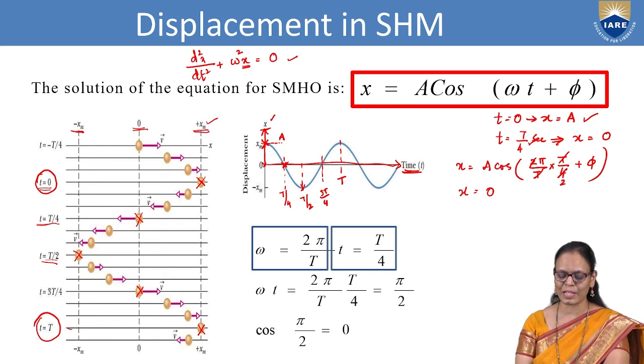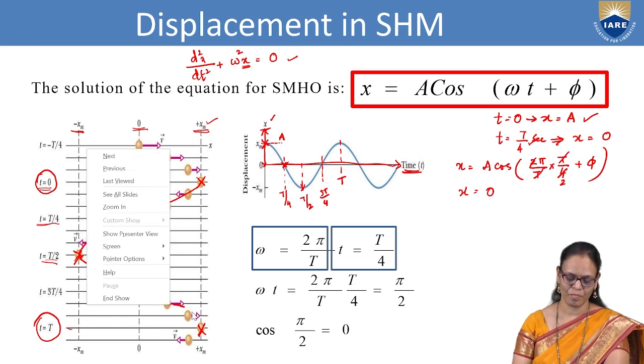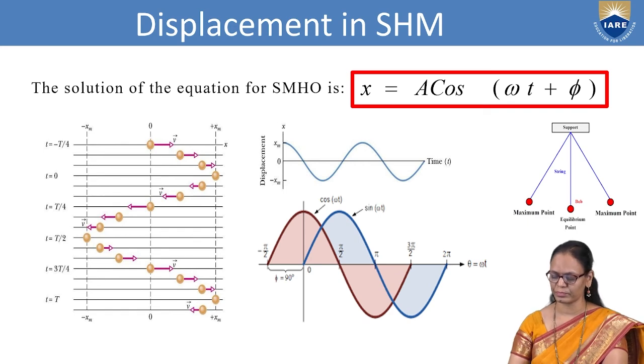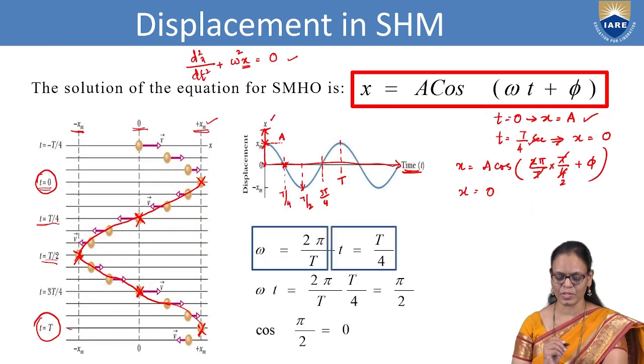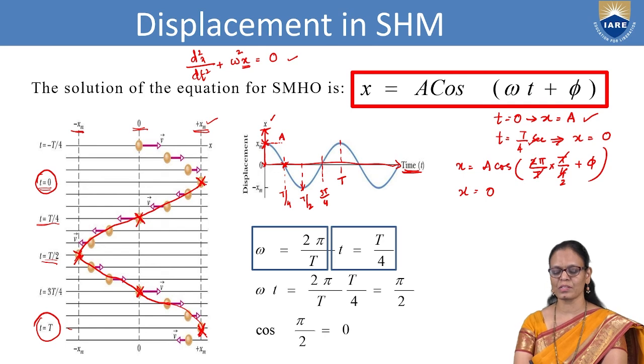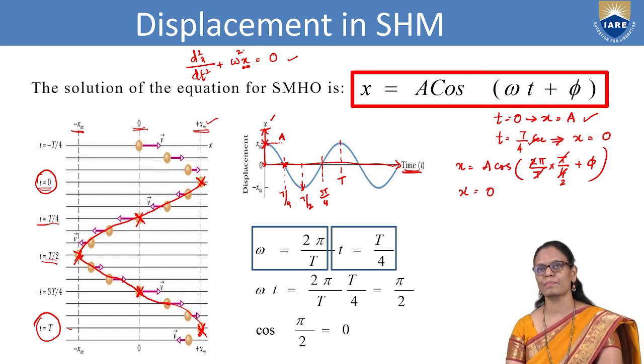Here the displacement is at t is equal to 0, T by 4, T by 2, 3T by 4 and T. If I trace the particle, this is one complete oscillation. It is starting from the extreme position and again coming back to the same position. So this is how we find the displacement.